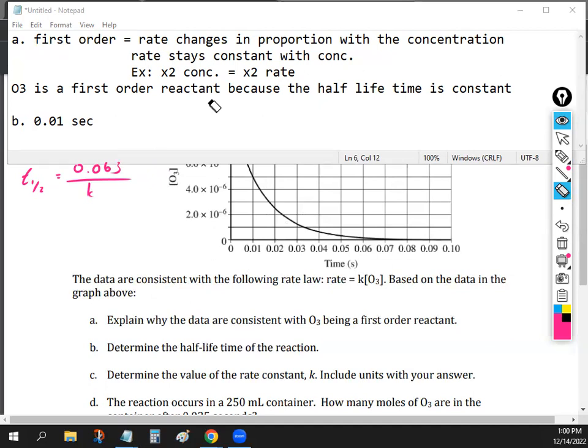All right, let's see what the other one said. 1.73. That's probably the older one. The newer one has it on the bottom.